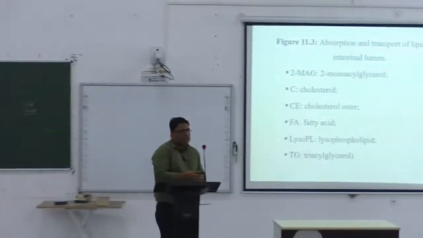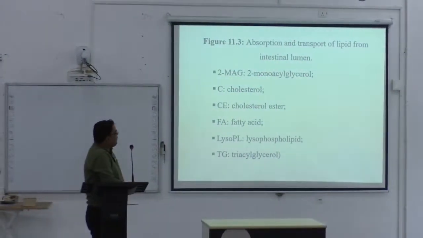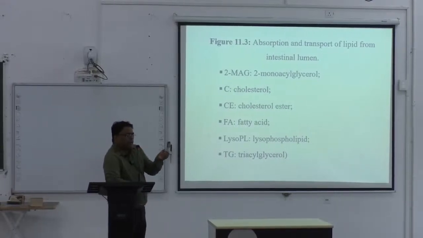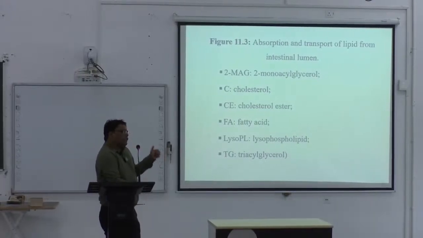It forms the mixed micelle because bile salt has the property of emulsification. So due to this, mixed micelles are formed, and these micelles are transported for further absorption process.